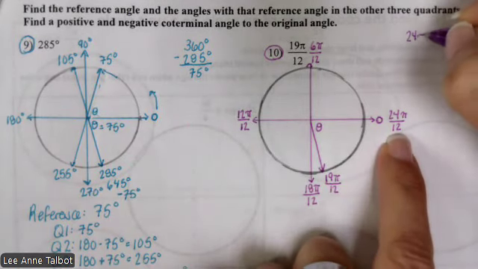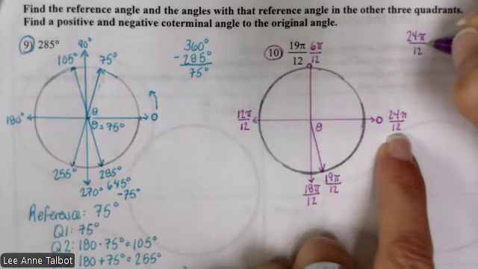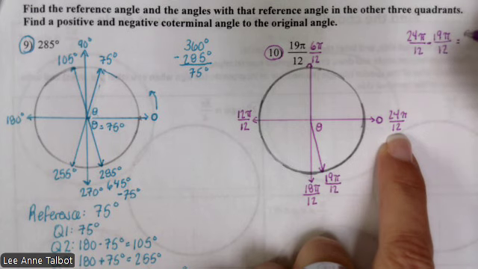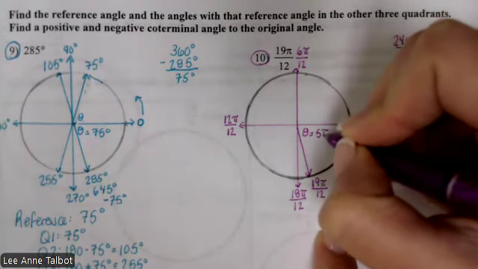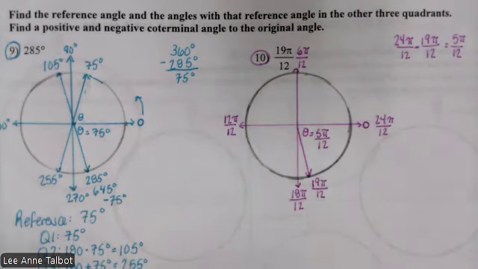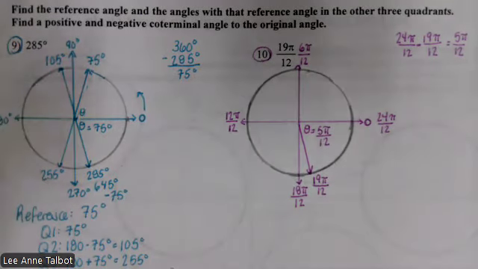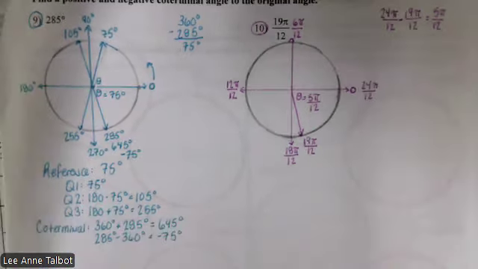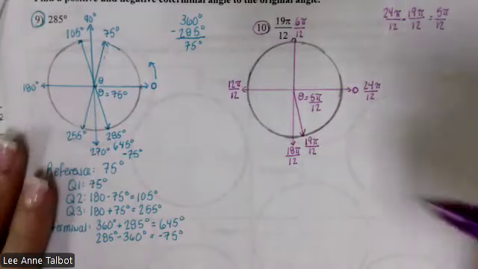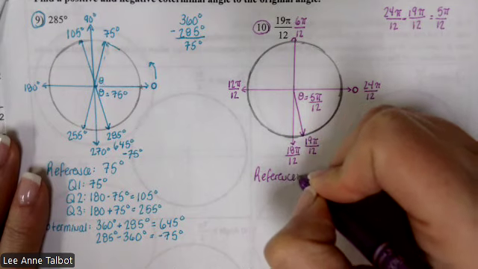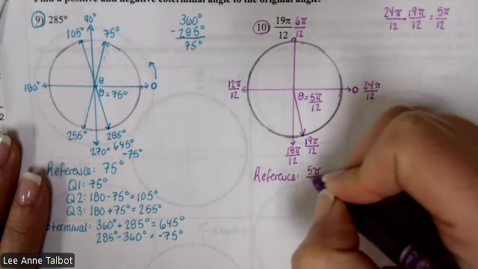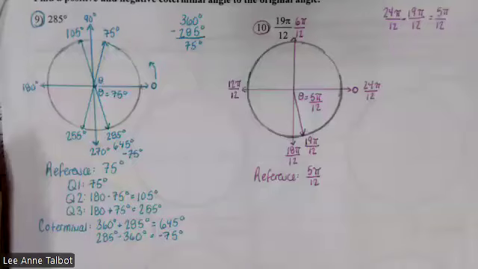I hear you saying it. 24 pi over 12 minus 19 pi over 12 is 5 pi over 12. So my reference angle is 5 pi over 12.